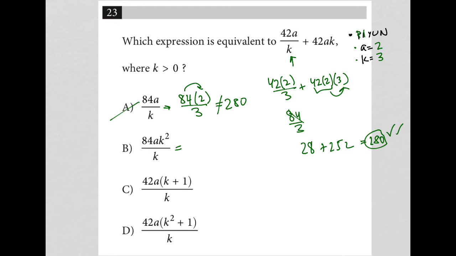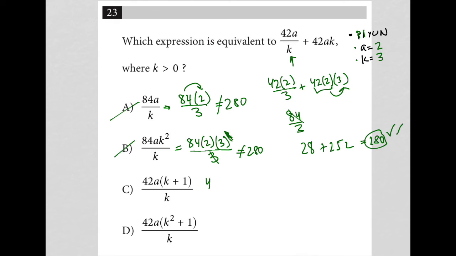How about here? 84 times 2 times 3 squared over 3. So first of all, that squared will cross out with this 3. So what is 84 times 2 times 3? I get 504. So that's also not equal to 280, so it gets crossed out.